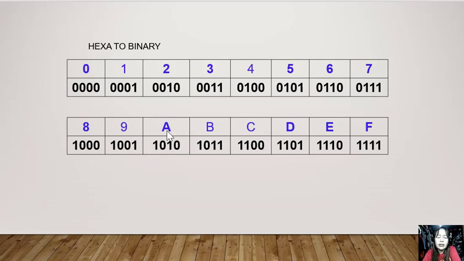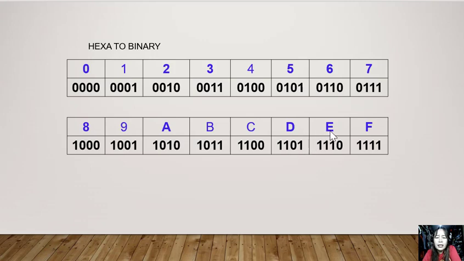Letter A is equivalent to 10, so you need to activate 8 plus 2, so 1010. Now B is 11, so that's 8 plus 2 plus 1. C is 12, so that's 8 plus 4. Alright, and then D is 13, so that's 8 plus 4, that's 12, plus 1 is 13.